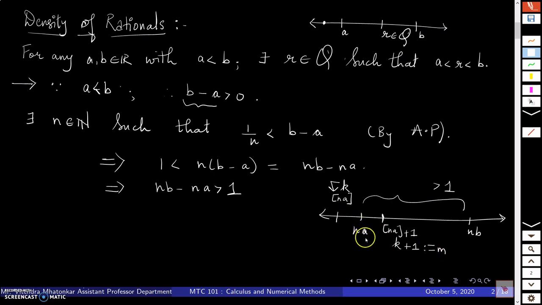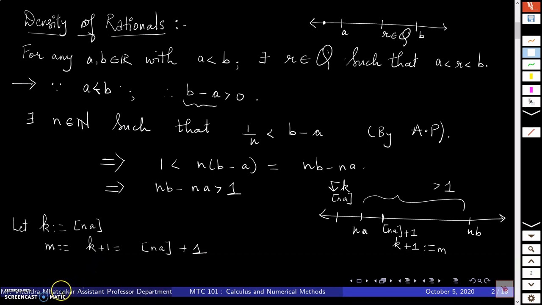So this is what I have. I have defined k to be equal to the integral part of na, and m is nothing but k plus 1, that is, the integral part of na plus 1. So this is my k and this is my m.